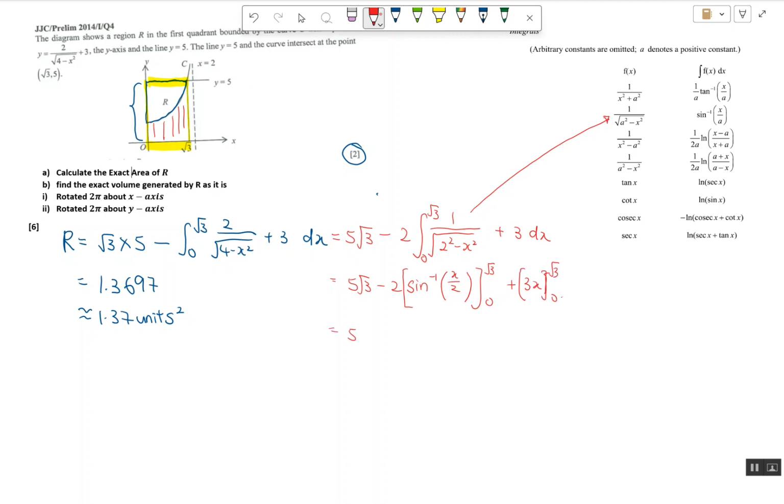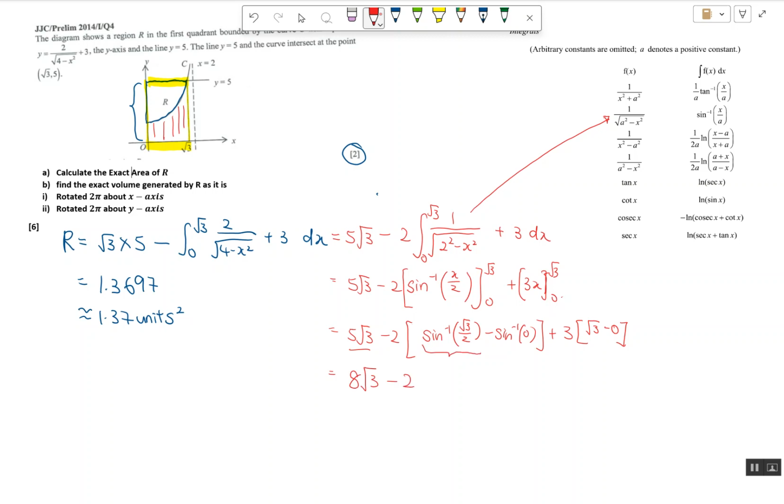So this will be 5 root 3 minus 2. Put in the definite integrals, sine inverse root 3 over 2 minus sine inverse 0, plus 3, sub in the root 3, minus 0. Then I group all the root 3's together, as well as 3 root 3, that will be 8 root 3 minus 2.